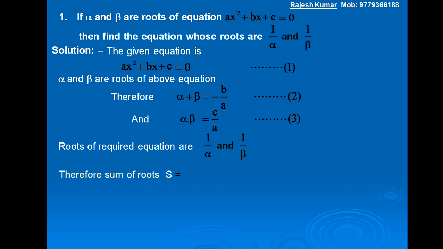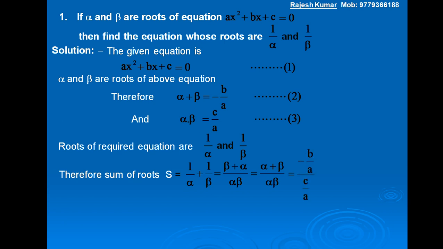Therefore, the sum of the roots s is equal to 1 upon alpha plus 1 upon beta. Taking LCM, this is equal to beta plus alpha upon alpha beta, or alpha plus beta upon alpha into beta. Alpha plus beta is minus b upon a and alpha beta is c upon a.